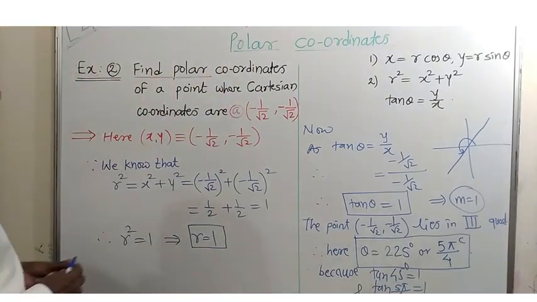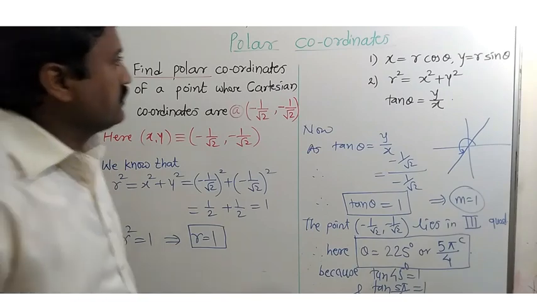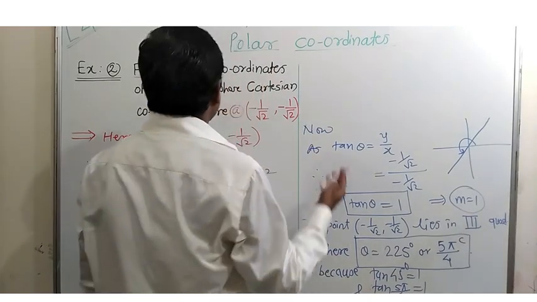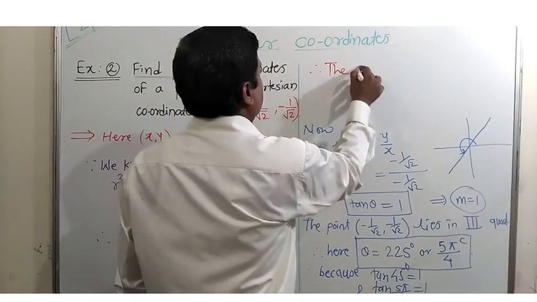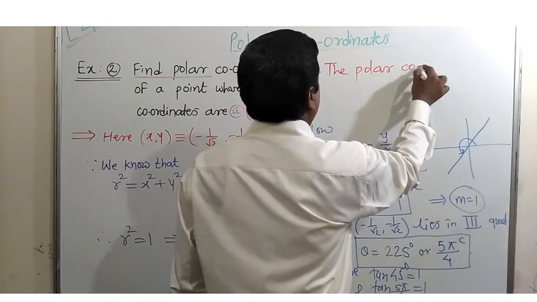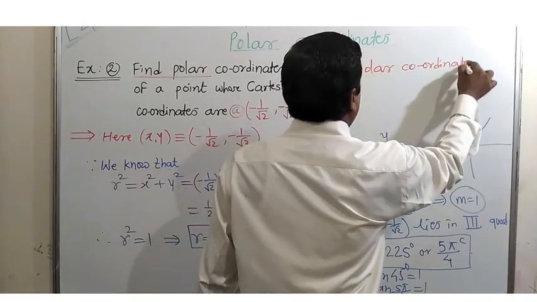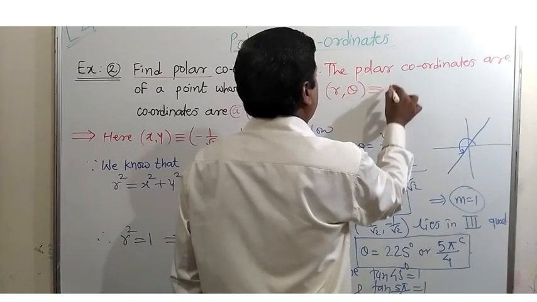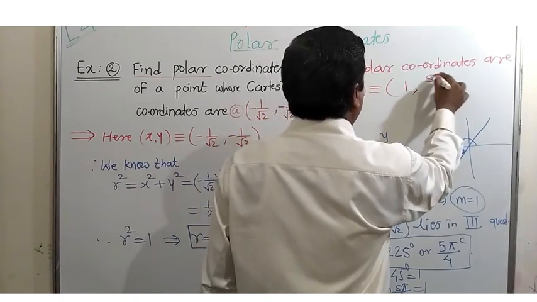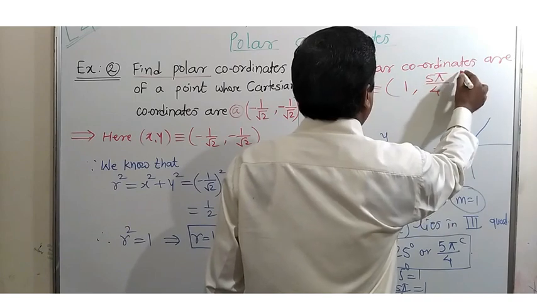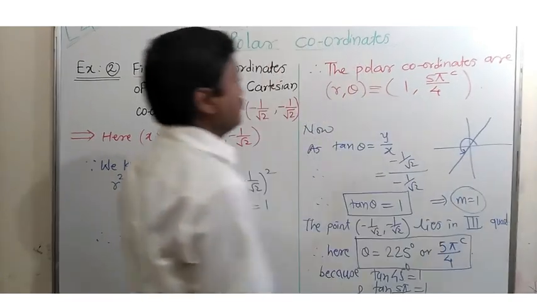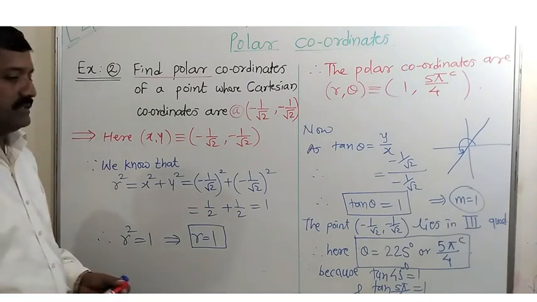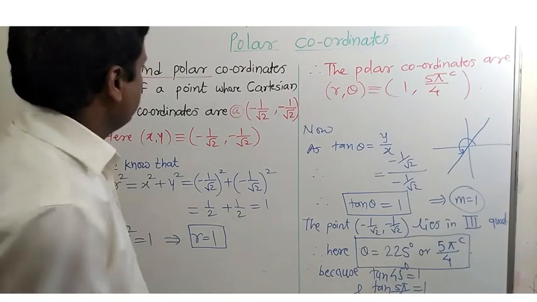Therefore the polar coordinates are r, theta, and those are nothing but 1 and 5 pi by 4 radian. These are the polar coordinates. Okay, let us see one more similar example to this one.